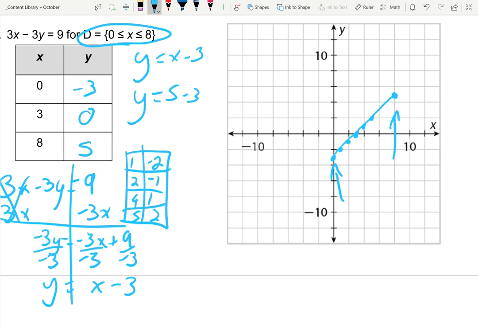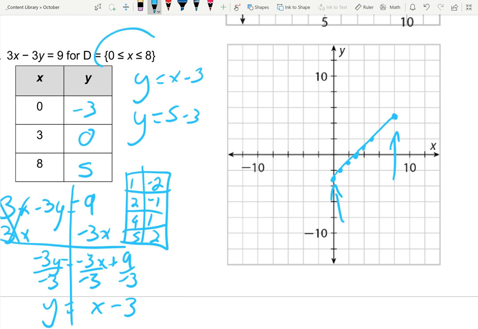It's not just 0, 3, 8. Because if it was, it would say 0, 3, 8 up here instead of what it says. But it says 0 to 8. It says it's continuous from 0 to 8. So between this 0 point and this 8 point, you would have a line connecting them. There's no arrows or anything at the end. It's just there to there with a line connecting them.